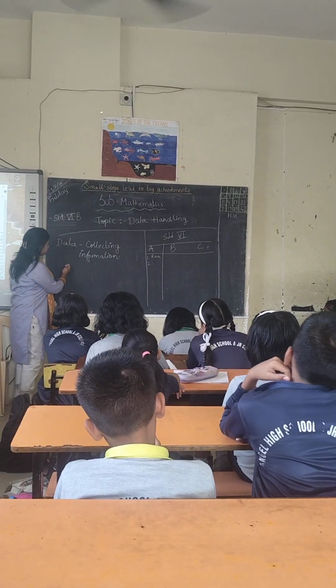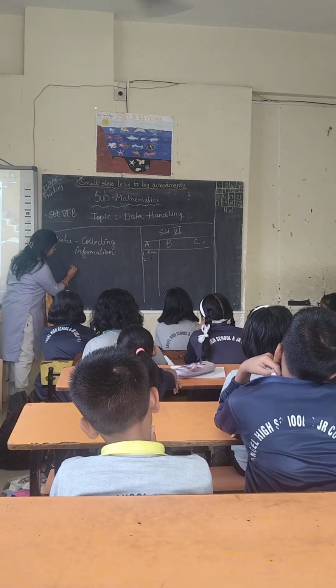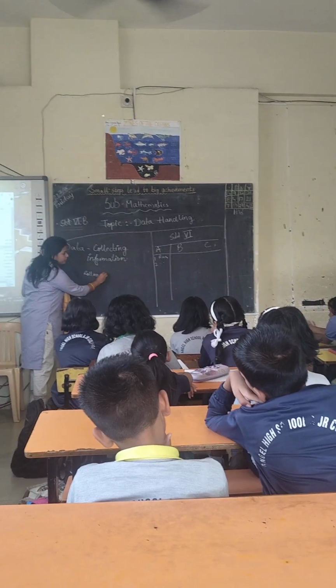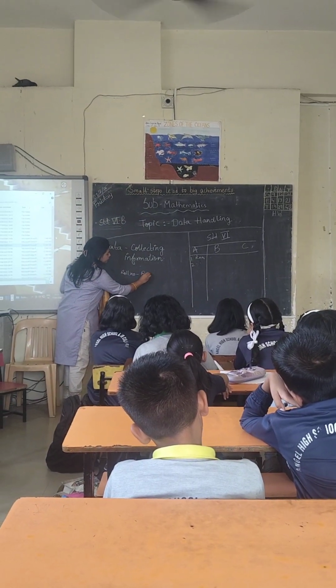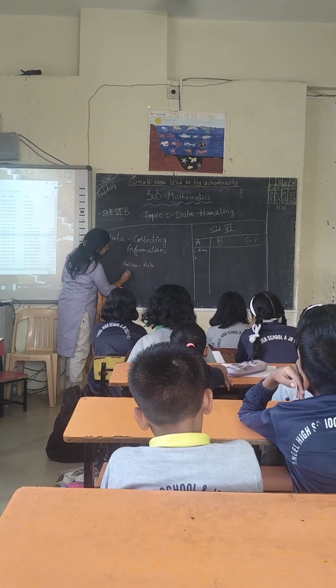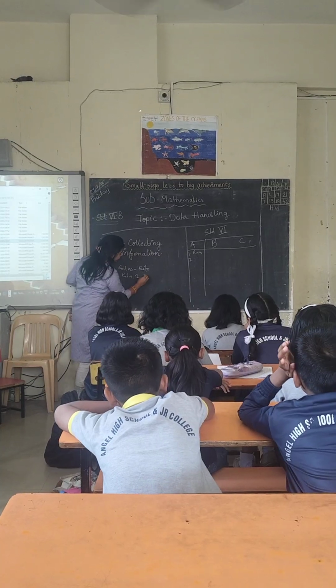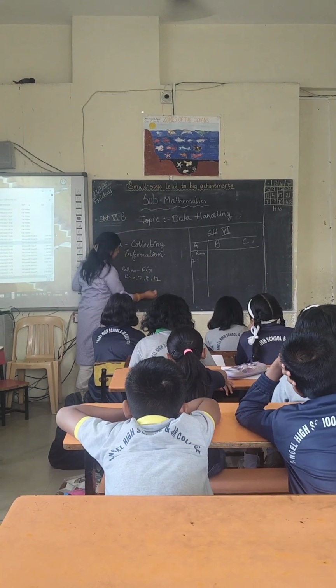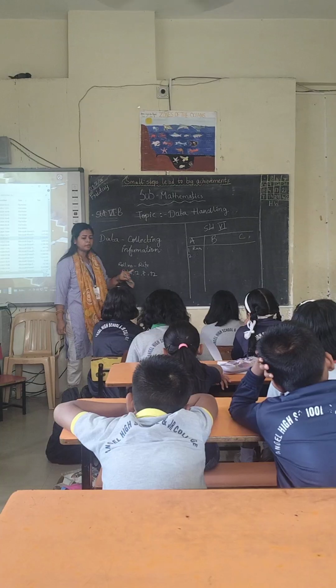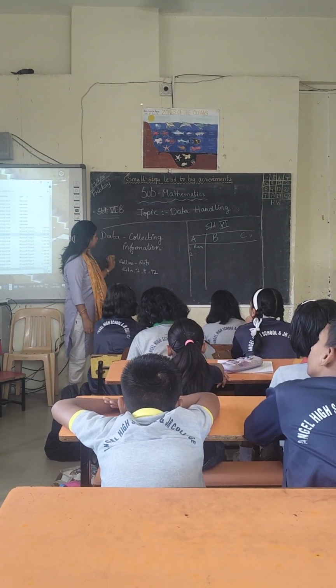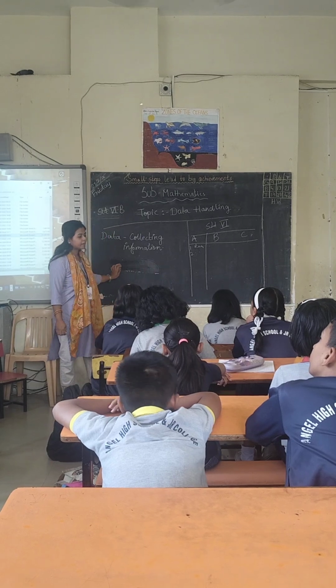Suppose in roll number 1, whose name is Rita, you write like this: Rita 2, 10, 8, 12. Can you understand from this line? No. So whenever you are writing something, you need to give it clarification.